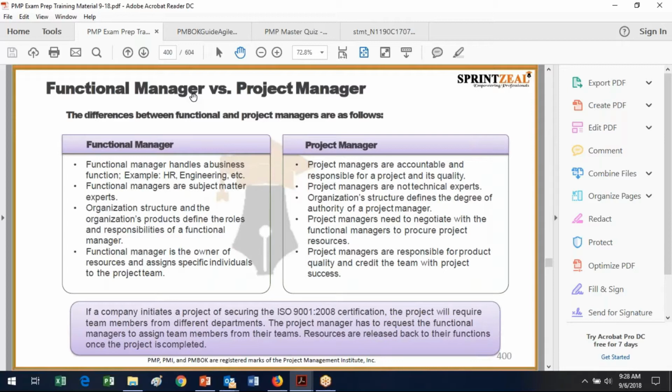If they've got equal call over the resources, then it's balanced. When it's balanced, both of them have control over the resources. When it's high, the project manager has more control. When it's low, the functional manager has more control. Right, strong and weak, yeah. Okay.